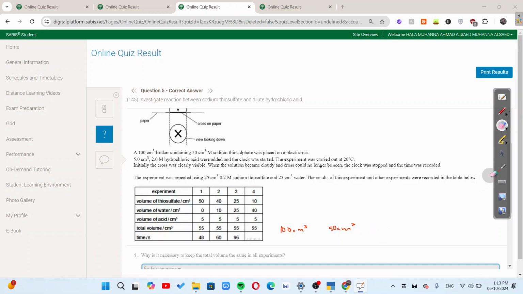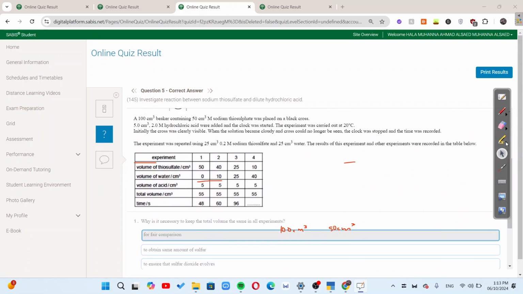So now you have these factors, and it was carried out at 20 degrees Celsius. I'm not going to continue with these. It's just telling you this was used with these factors in mind.